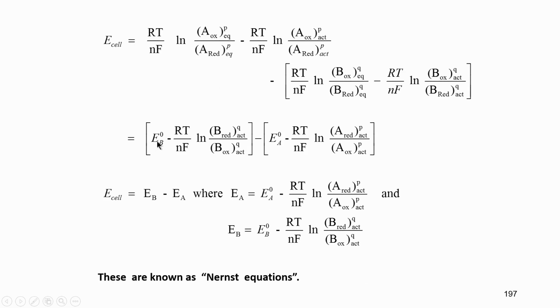This expression I am going to write E naught. This is known as E naught at equilibrium minus RT by NF ln B reductant divided by B oxidant raised to Q activity. Now, we are not using concentration terms. Similarly, minus of E naught A and RT by NF ln A reductant raised to P of activity, again A oxidant raised to P activity.